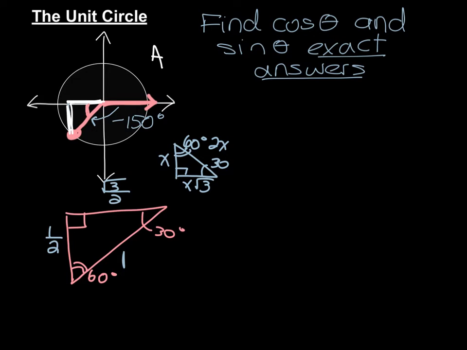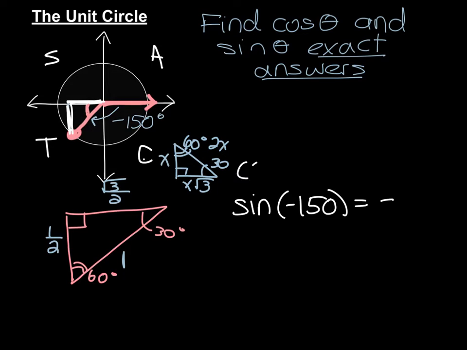Since all students take calculus, we know that when an angle falls in the third quadrant, only tangent values are positive. So this means that the sine of theta, in this case the negative 150, is going to be a negative value.